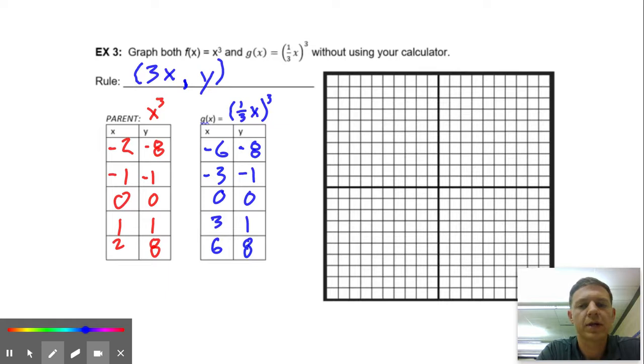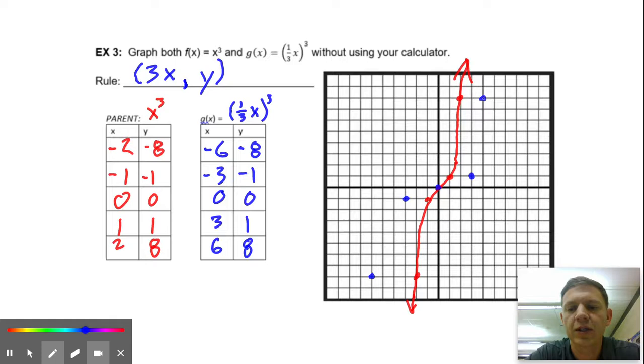So I'm going to go ahead and draw the parent function very fast. And then we need to graph our new points. We just have to put all of those individual points on the graph and then give the curve. There are the points. And this is a good example. I like this because you can really see that each red point just got bumped by 3 a little bit further away from the y-axis.